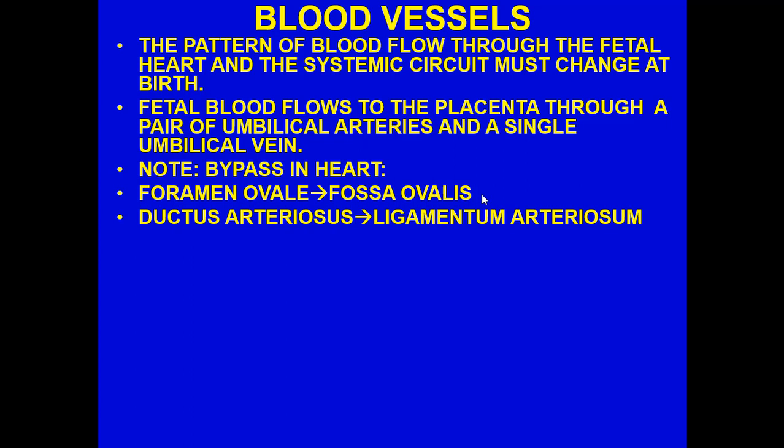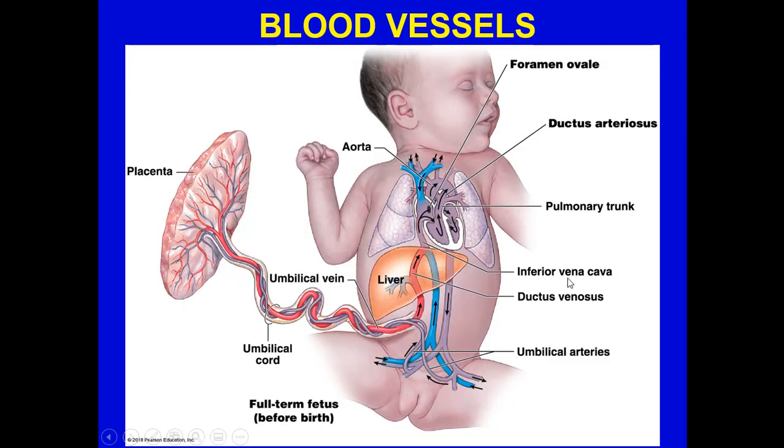The ductus arteriosus will close due to pressure changes, and eventually it fibroses up, and that's the ligamentum arteriosum that we see. So here you have the blood flow going through that point of the foramen ovale that will close. You have this bypass of the blood, and that is the ductus arteriosus.